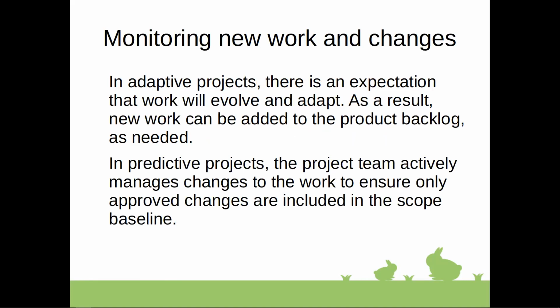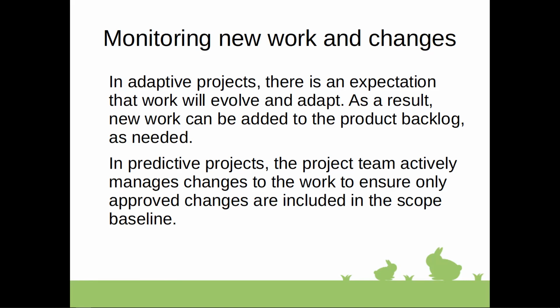And now a big part of the project work performance is monitoring the project for new work and for changes. And it's a bit different between adaptive projects and predictive projects. In adaptive projects, there is an expectation that work will change, evolve and adapt.